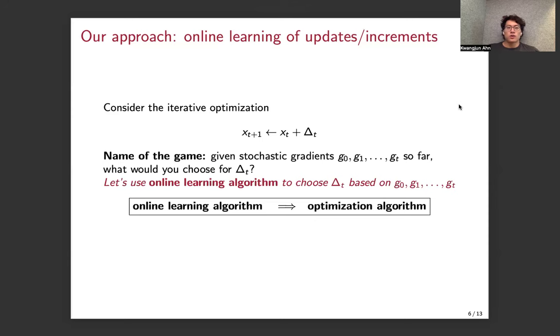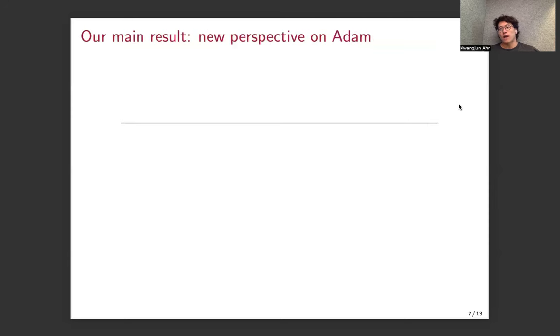So I can first describe the main results in our paper at a high level, and then I'm going to go into a bit more detail. Our results provide a new perspective on Atom. I told you that this framework of online learning of update increments makes a reduction between online learning algorithms and optimization algorithms.